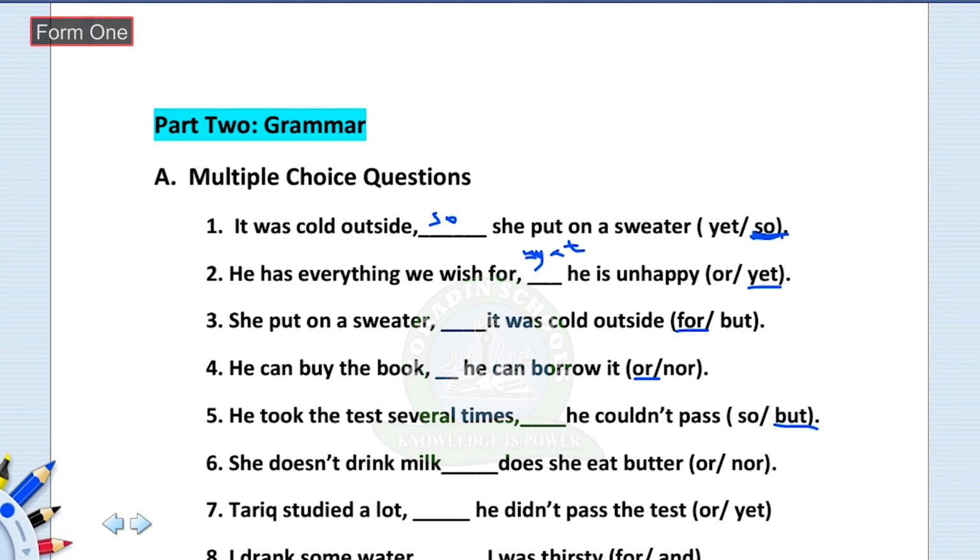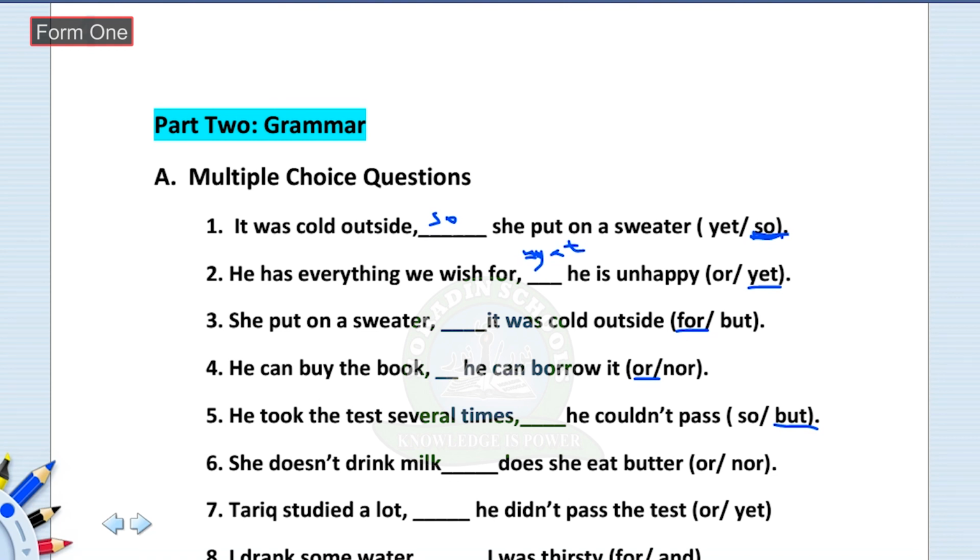This guy took the test several times, he tried several times, but he failed every time he tried. So the correct option here is but, which means surprisingly he couldn't pass.